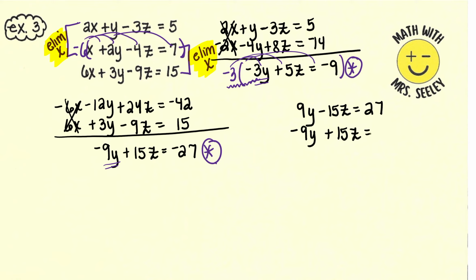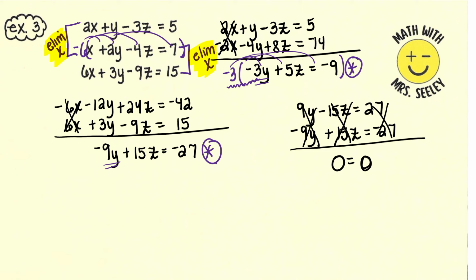And when I did, my goal was to eliminate the y's, which I did, but it just so happens the z's eliminate too. So there's nothing left. It is just a 0. Over here, 27 and negative 27 also eliminate.